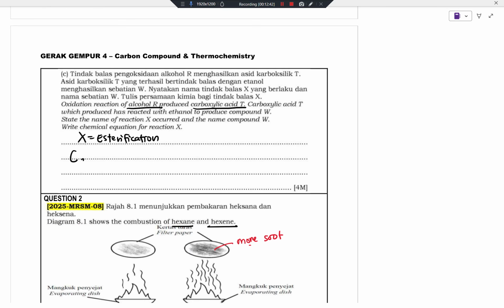I do the chemical equation first. C2H5OH plus hexanoic acid, C5H times 2 plus 1, 11, COOH. C6 comes, don't forget there is one more C at the back. So C5H11COOC2H5 plus water. And the name for this is, okay, so ethyl hexanoate.